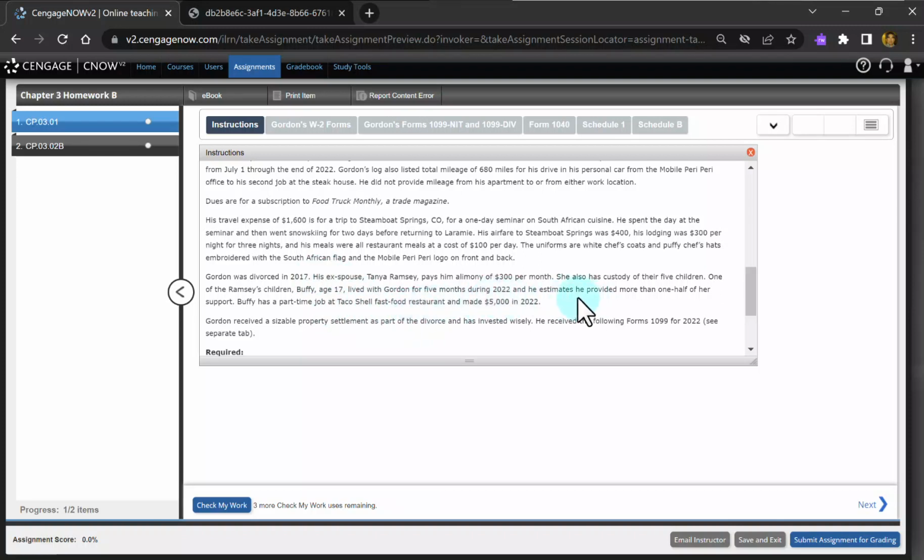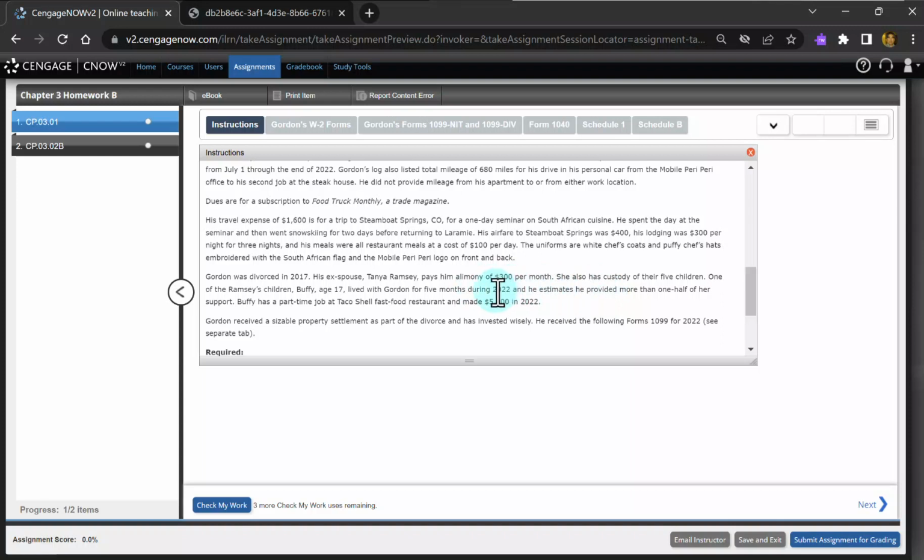We're told that he has children, and one of them lives with him for 5 months during the year. And he says he pays more than half of the support. Well, that child doesn't qualify as a dependent because it was only for 5 months versus more than half the year, even though he had paid more than half of the costs.